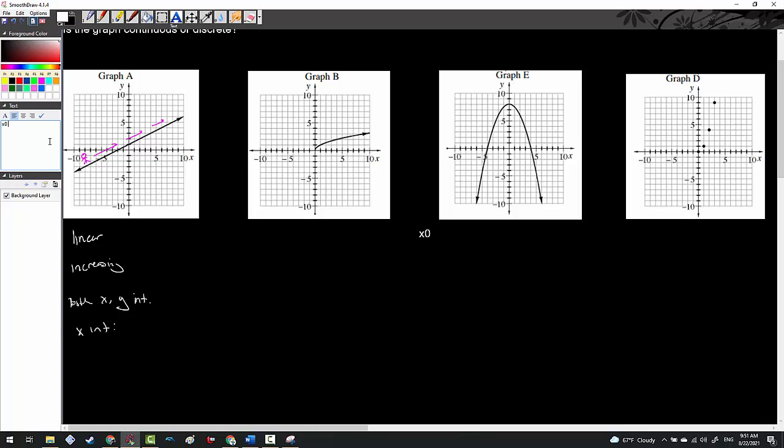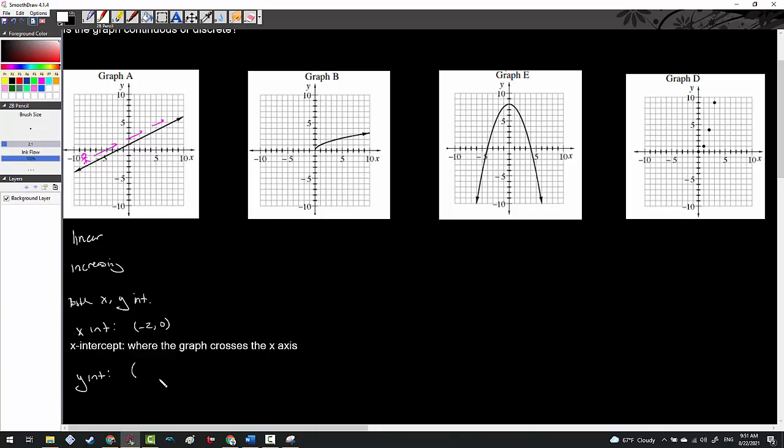The x-intercept is where the graph crosses the x-axis. So it has to be touching the x-axis, which is the horizontal axis. Where does this thing touch the horizontal axis? It looks like at -2. I believe this is scaled appropriately, so we could say -2, 0. Remember from Integrated 1, the x-intercept always has a y-coordinate of 0.